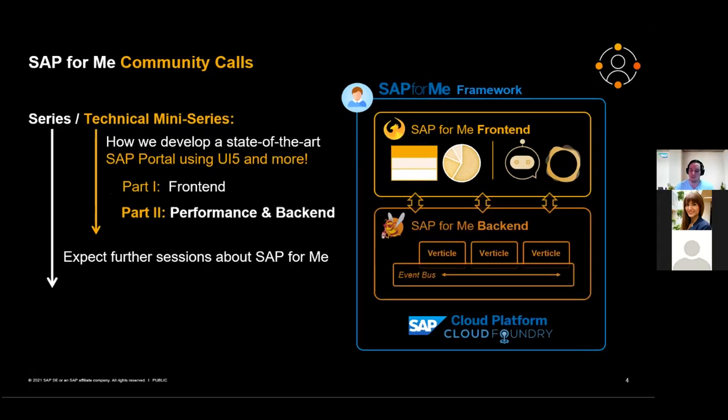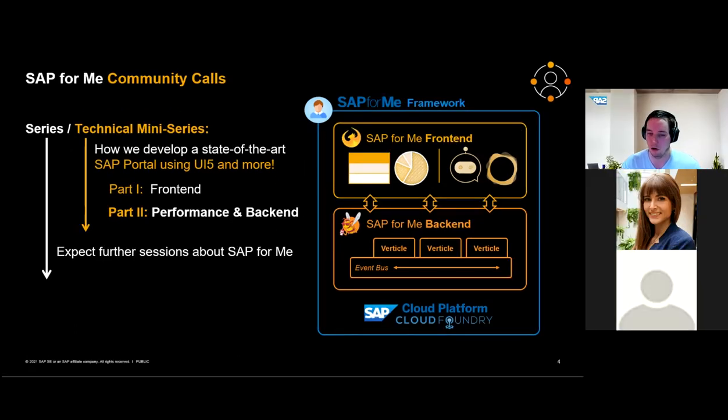And now in the second part, as it was much requested in the first part, I wanted to talk mostly about how we achieved a very good performance for this new kind of web development, and also what we did from a backend perspective to enable SAP for Me, which is, I think, kind of interesting. So I am more than looking forward to today's presentation. We are also expecting to follow up this technical mini-series with more of a business series about SAP for Me.